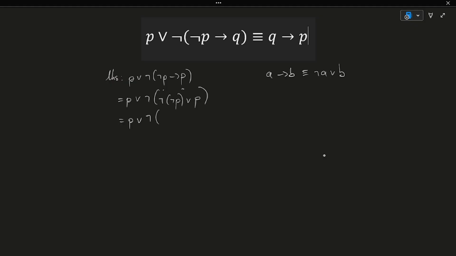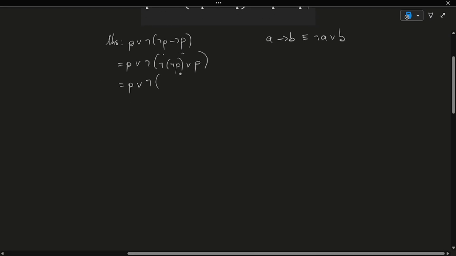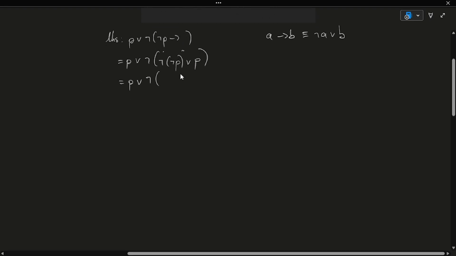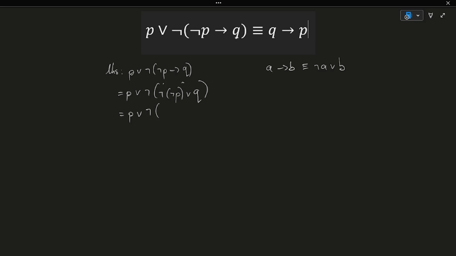So we have Q like that, and therefore we'll have P or not, and then the negations now cancel each other out. I made a mistake of writing P here. Let me just erase this because that will cause a lot of problems. I made a mistake of writing P instead of Q. This is supposed to be Q. Apologies for that. That is Q. Therefore, the negations will cancel each other out, and we'll be left with P or not (P or Q) like that, right?